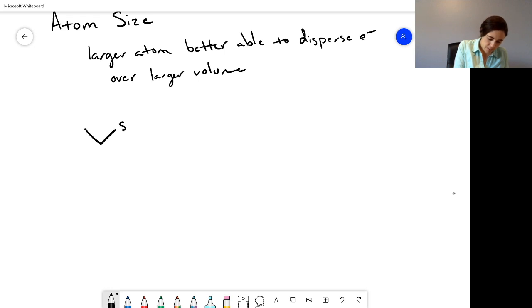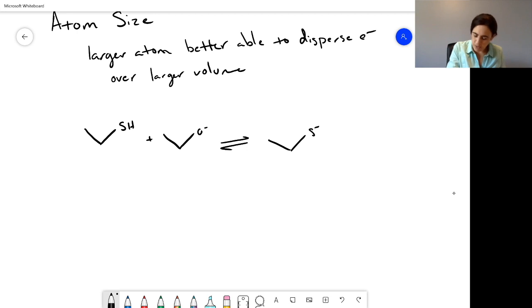All right, so let's take a look at what this means in terms of acidity. So, for example, we'll take this thiol plus an alkoxide, forming thiolate, and so that's not a 5, that's an S minus, plus our alcohol. And we're going to ask the same question that we asked in the last example.